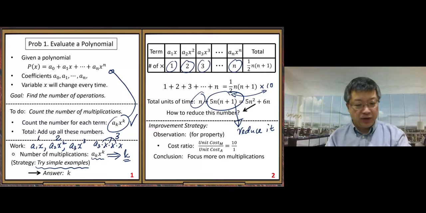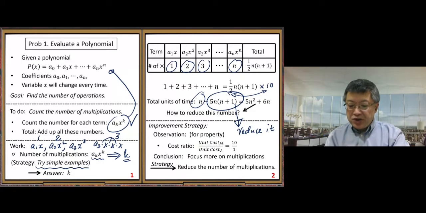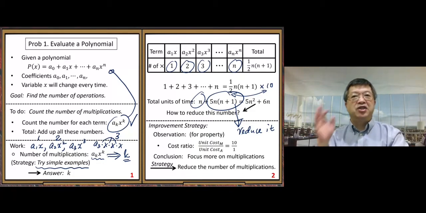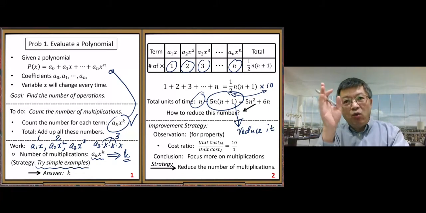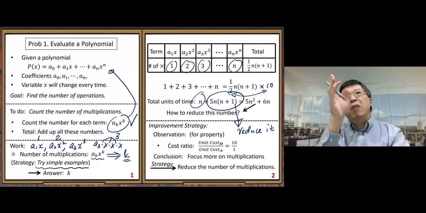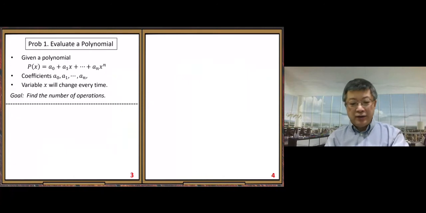Okay, so based on the strategy, reduce the number of multiplications. So you can see that's our direction. Okay, all right. Next, we need to work on it. How to reduce the number of multiplication. So that's the important step.